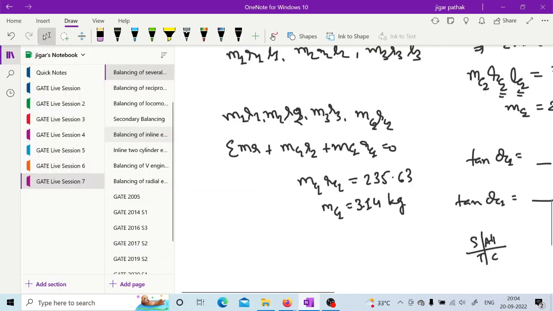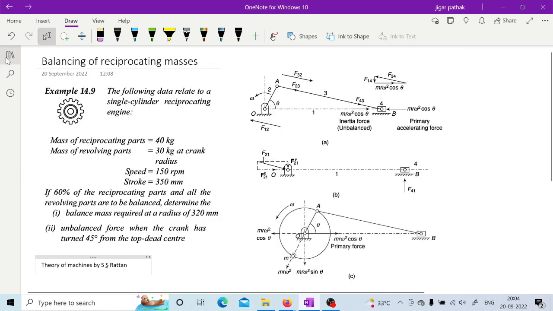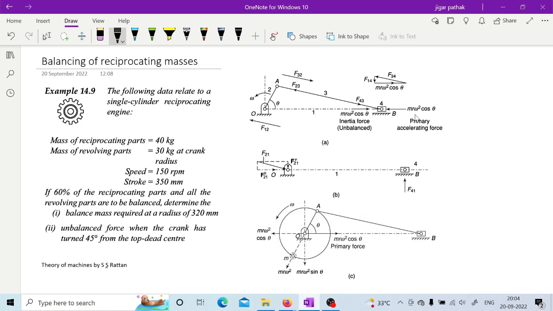Now, after this particular problem, next is balancing of reciprocating masses. So till now we have seen balancing of rotating masses. Now whenever you have reciprocating masses, we have already calculated the acceleration of piston as r omega square into cos theta plus cos 2 theta by n.